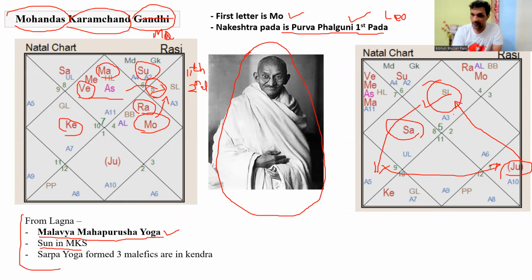So it ensures the rise of Lagna, the rise of Nama Rashi. The fifth lord Jupiter from Nama Rashi is in the ninth house, and it is aspecting the Nama Rashi, ensuring its rise. And this Jupiter in the ninth house is all about social norms, justice.